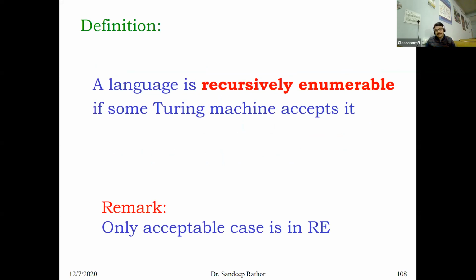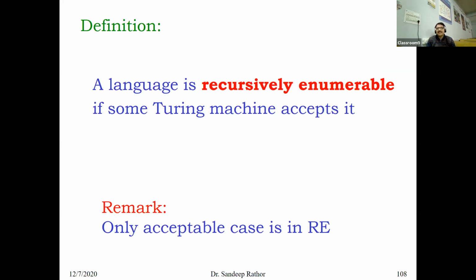Now another definition that I already told you about: recursively enumerable. A language is recursively enumerable if some Turing machine accepts it. Just note down here, this means recursively enumerable languages ensure the case of accepting, but it is not guaranteed that if a string W does not belong to that language, then it will be rejected.